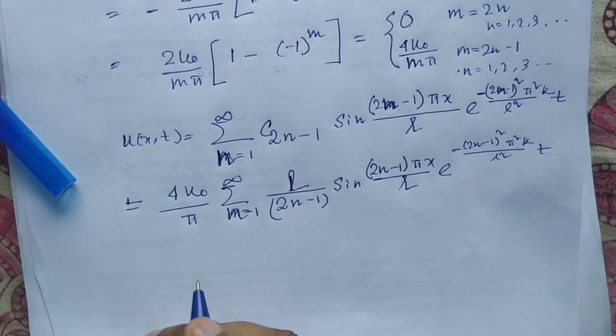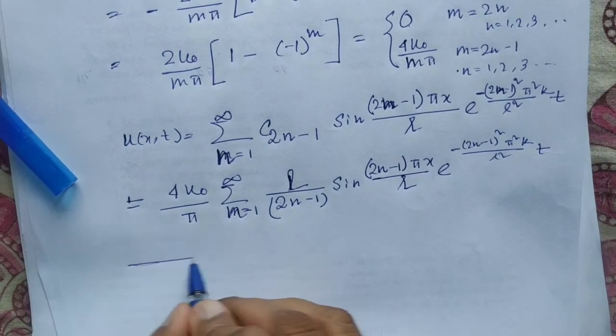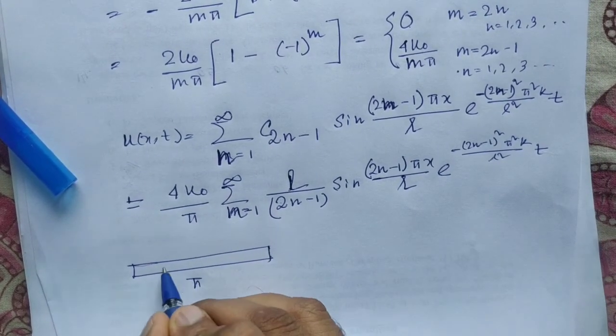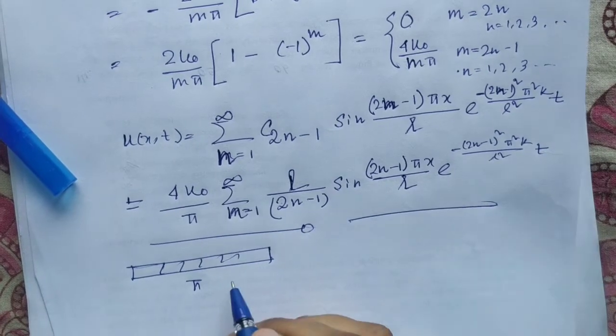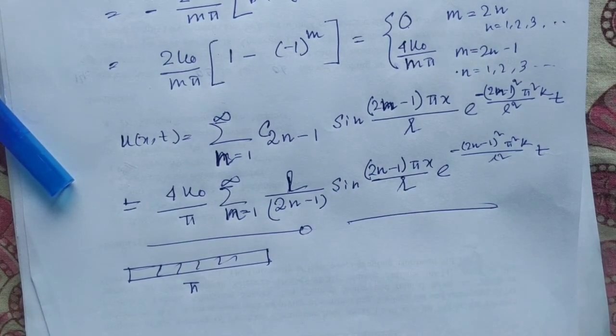Say there is a problem that a thin rod of length pi is first immersed in boiling water so that its temperature is 100 degrees Celsius throughout.